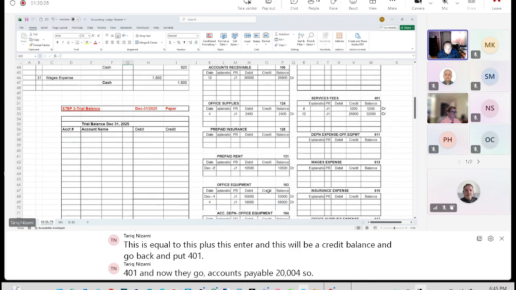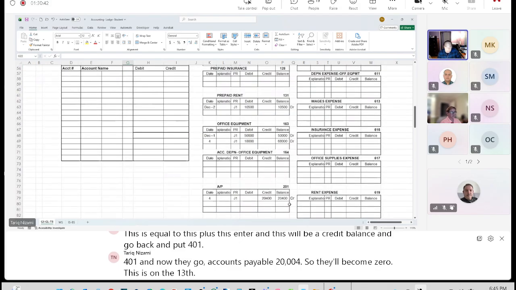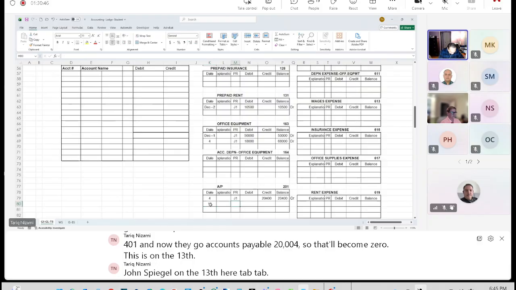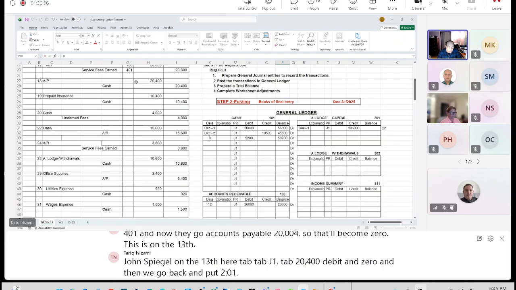So that'll become 0. This is on the 13th. Accounts payable on the 13th here, tab, J1, tab 20,400, debit, then 0. And then we go back and put 201 here.